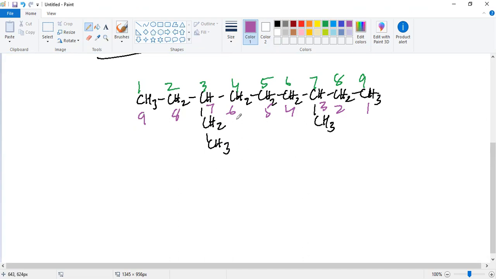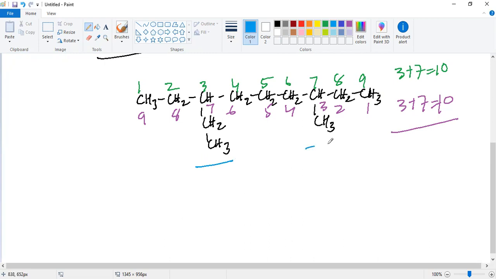Now you can see that if we give numbering this way and if we make the sum 3 plus 7, that is going to be 10. Here also you can see that 3 plus 7 is going to be 10. So now we have little confusion about which numbering is correct.